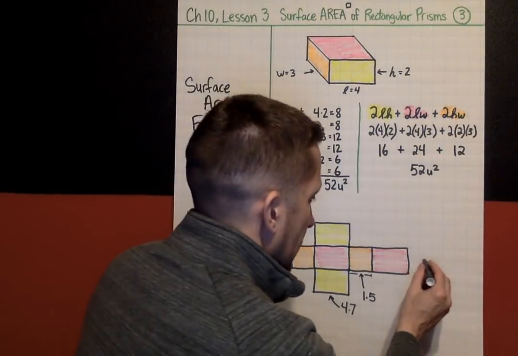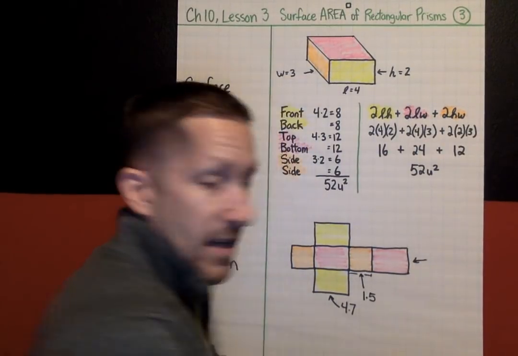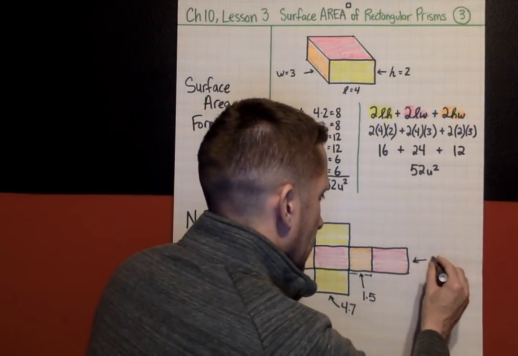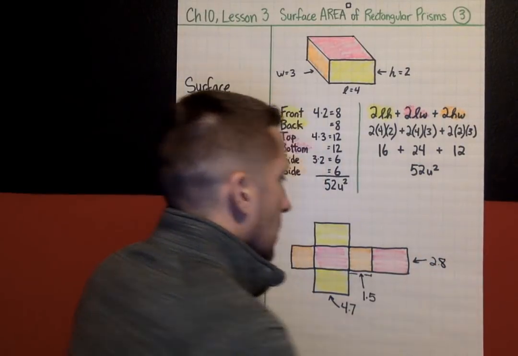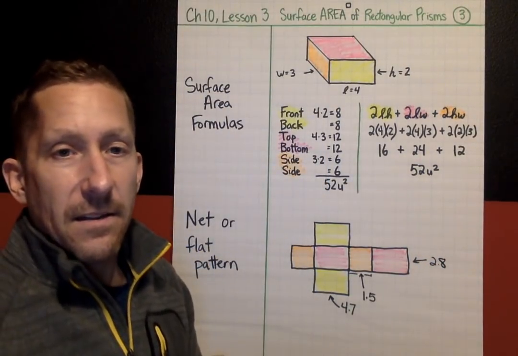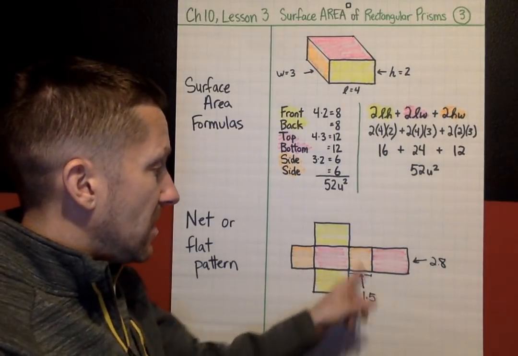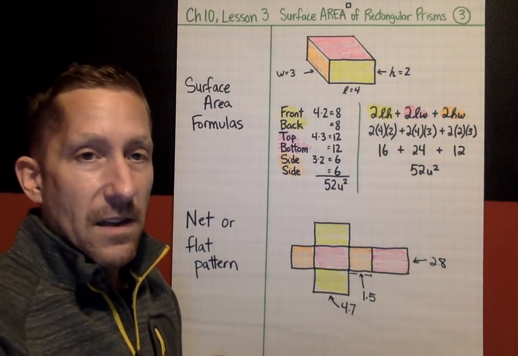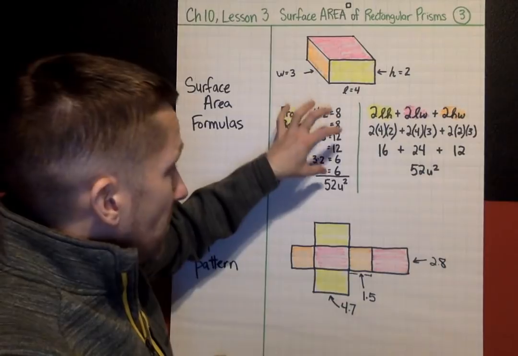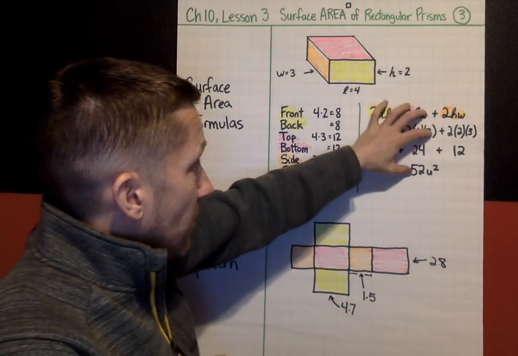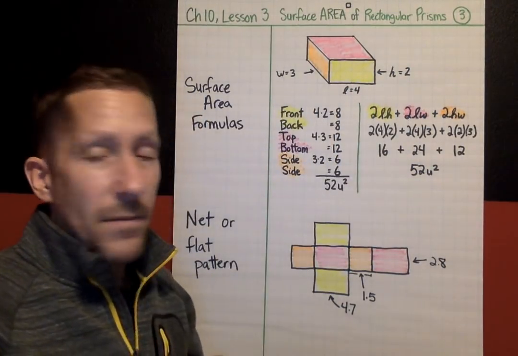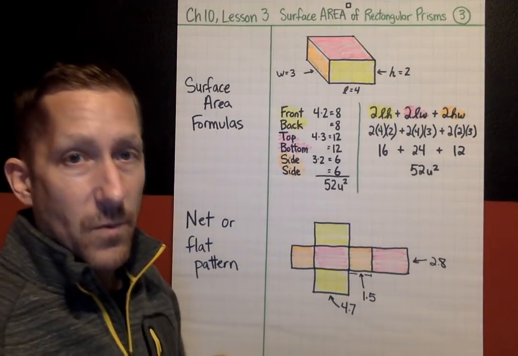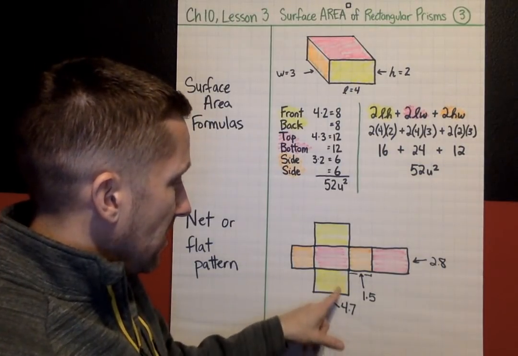And finally, this dimension right here is a 2.8. You need to be able to find the surface area given a figure like this as well. Again, formula, you get to decide, but you've got to show the formula. Formula work units.